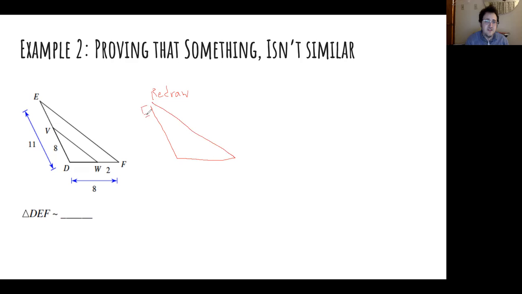So this is going to be EDF, and that's 11 and 8. And then I have VDW. And if this is 2, that means that this has to be 6.